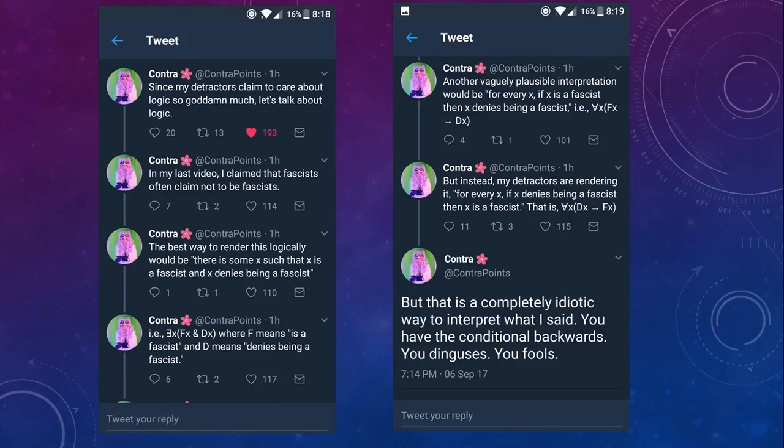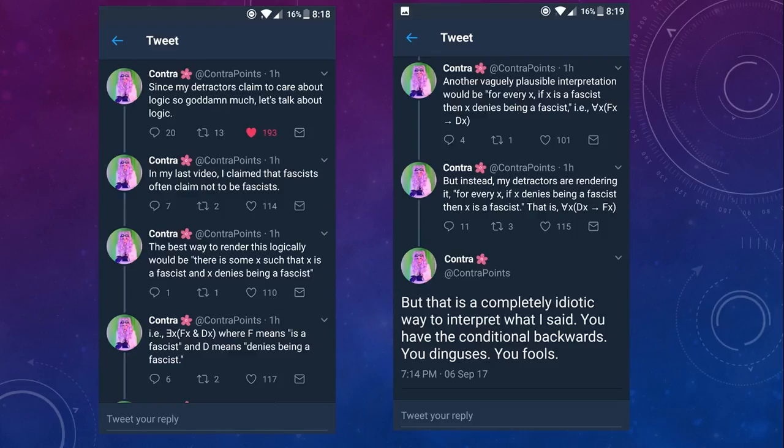Another vaguely plausible interpretation would be for every x, if x is a fascist, then x denies being a fascist. So those are two different conclusions that could have been the point of the video, right? But instead, my detractors are rendering it: for every x, if x denies being a fascist, then x is a fascist. Well, that's a completely idiotic way to interpret what I said."